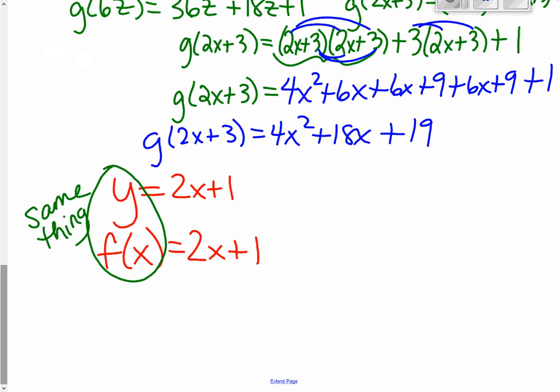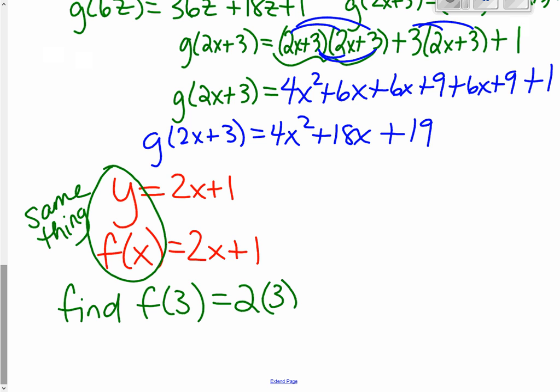But the reason we write it this way is so that we can do quick questions like find f of 3. Instead of me having to write, if x equals 3, then what is the output, that's too long. By just putting find f of 3, you know she wants me to put this 3 into my function wherever there's an x and evaluate it.